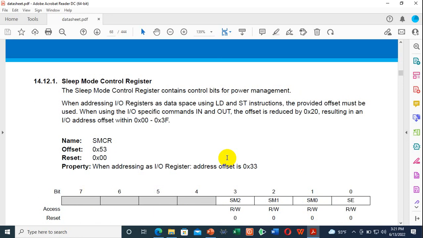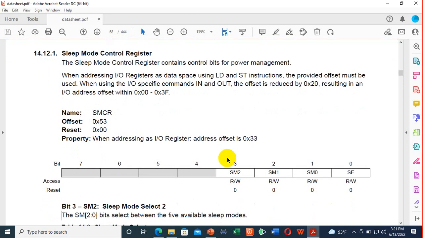Sleep mode control register. Look at over here. Sleep enable. This is the sleep mode control register, and this is the sleep enable bit. This bit is like a main switch. It will enable or disable the sleep mode.